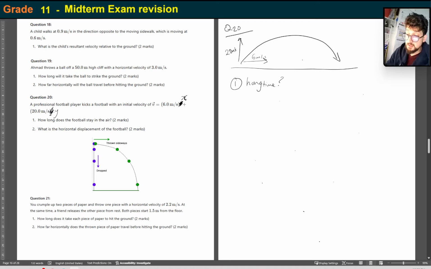In order to calculate the hang time, we need three things. Now, we're looking for time, but we need three things to solve the formula, right? So let's say, for example, if we have final velocity and we have acceleration, then we can get somewhere. Now we need the y to solve the time. We've got the initial velocity, which is 20 meters per second, and I'm going to say plus 20 because it's heading upwards.